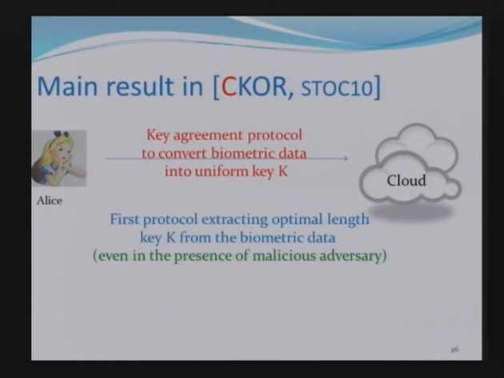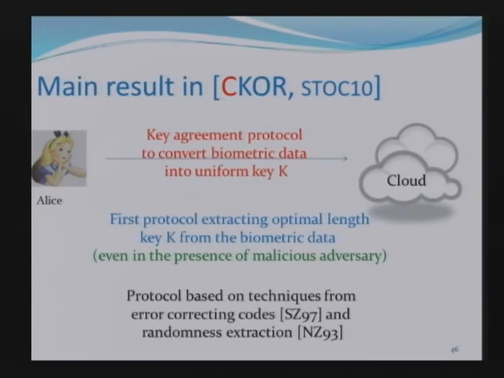So if you start off with 100 bits of unpredictability, then we can extract almost all of it. We can get an almost 100 bit random key from this. And this makes use of techniques from error correcting codes and randomness extraction. I'll be happy to talk about it if you're interested.